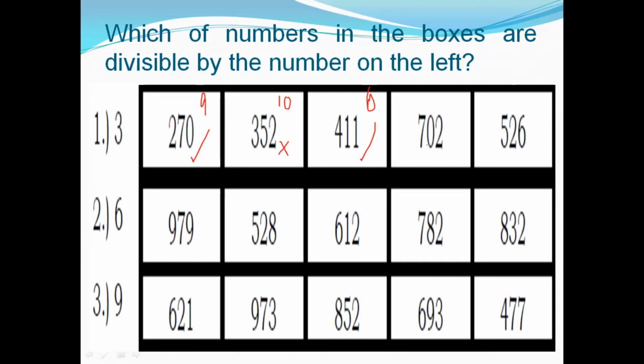Okay, next number, 702. 7 plus 0 is 7, plus 2 is equal to 9. Okay, so 9, automatic, kanina lahat ng mga examples natin, 9 is also divisible by 3, so 702 is divisible by 3.